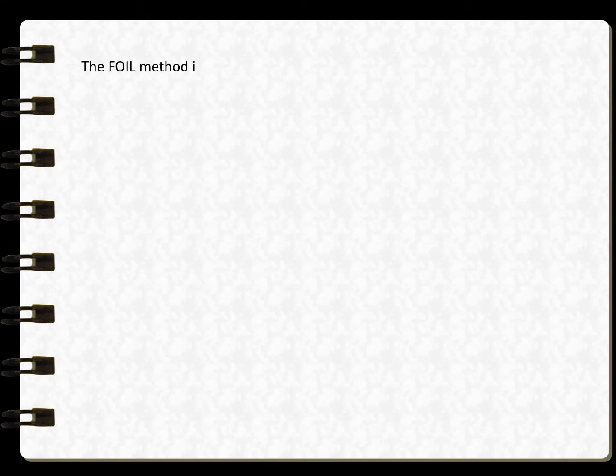So, the FOIL method is useful when factoring polynomials, such as x squared plus 3x plus 2. Kung titignan po natin, 2 is not a perfect square. So, hindi ito perfect square trinomial, so we should use the FOIL method.